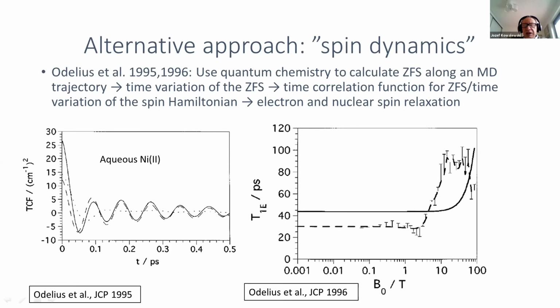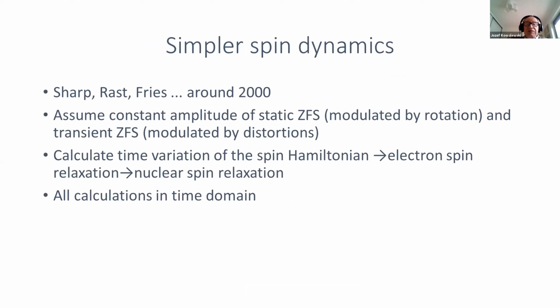So we can do a lot of nice things, which are, however, computationally very demanding. So the idea of spin dynamics is very attractive in many ways because it allows you to describe the physics of your problem in a nice way, and you can use well-formulated approximations.